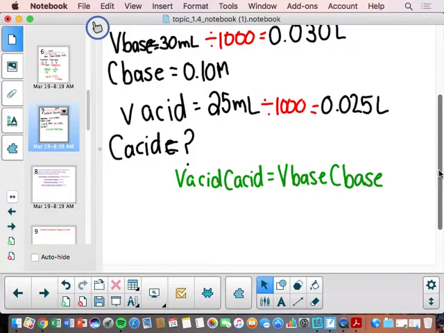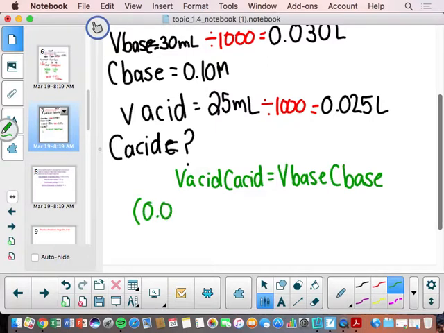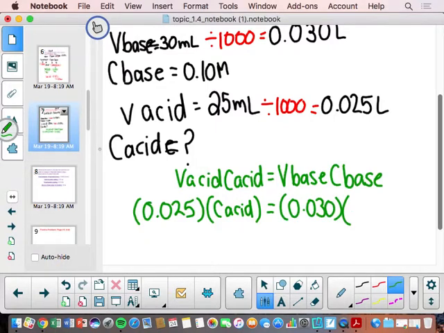We've changed it to liters, so we're going to plug that in here as 0.025. It's going to be multiplied by our C acid. Our C acid is what we don't know, right? So we're just going to write C acid. It is equal to our V base. Our V base is 0.030 liters. And then our C base is 0.10.